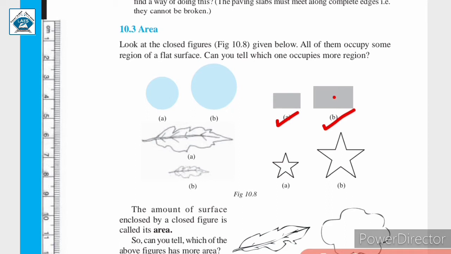That means this will occupy more space in comparison to the smaller rectangle. Similar are the cases for the other given figures. The figure that is bigger will occupy more area, that is, the area of the bigger figures will be more.